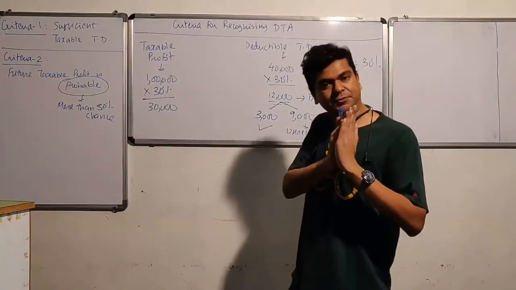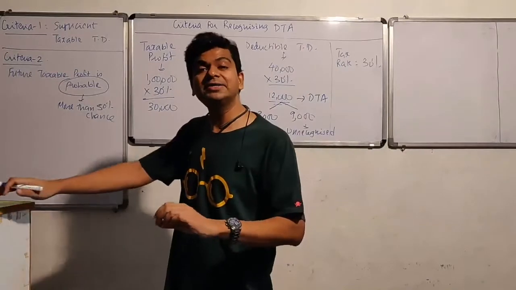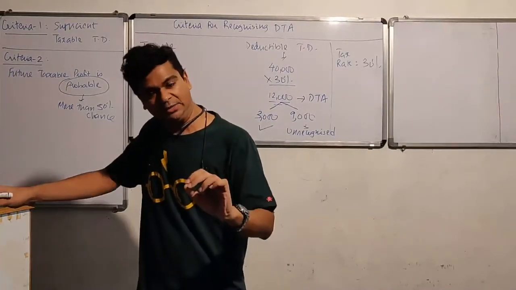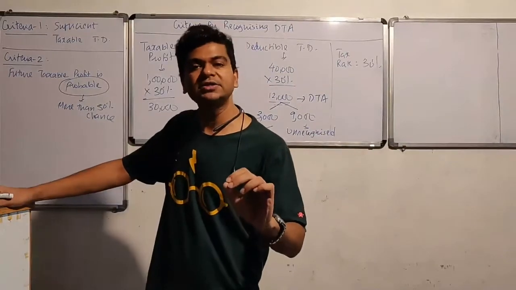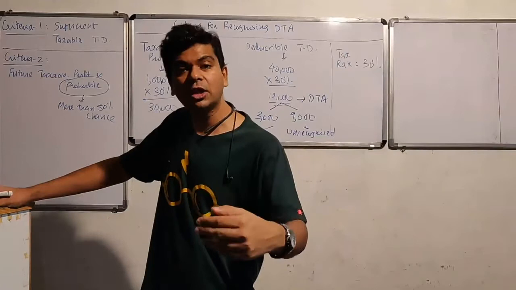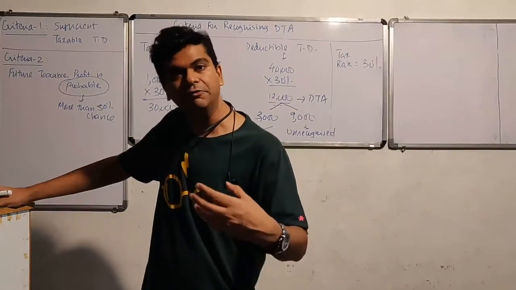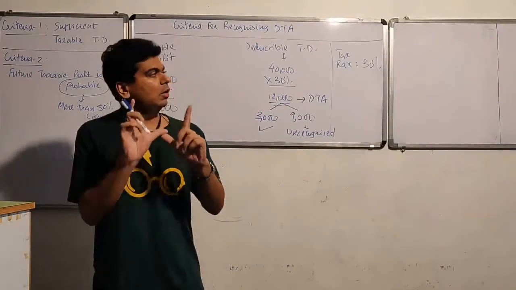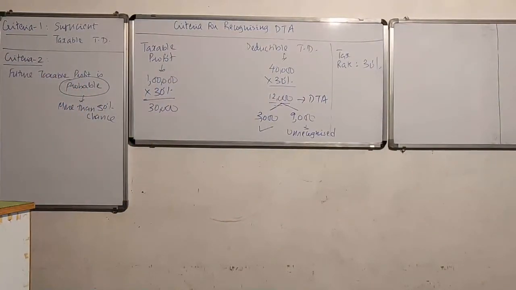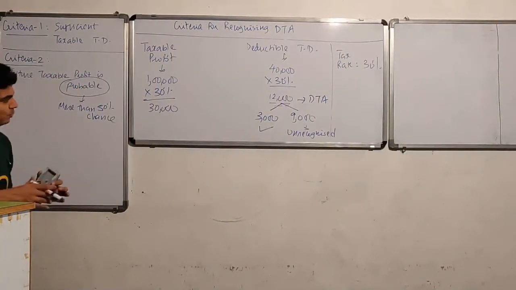Having said this, if you have a recent history of taxation losses, then in that situation you can recognize DTA only if you have convincing evidence that there shall be taxable profit in future. Again, I'll repeat it, but be careful. I'm first saying that future taxable profit is probable.